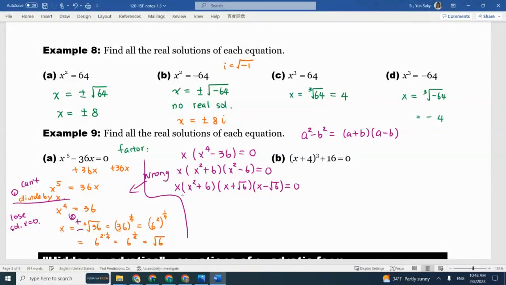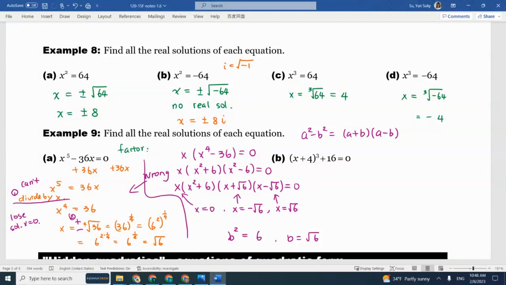Think about it: what number squared is 6? Let me call this number b, like b squared is 6. Then what is b? You take the square root of 6, you get b. And then this gives us x is negative square root of 6, and this gives us x is positive square root of 6.